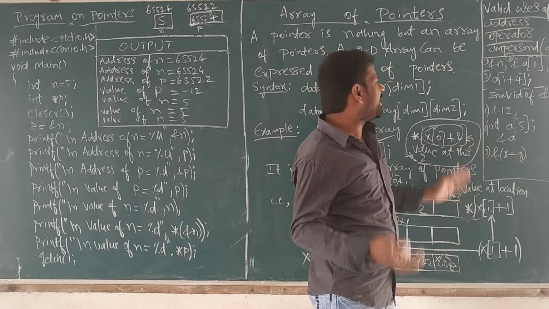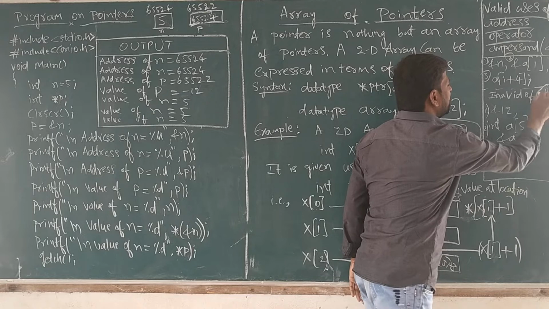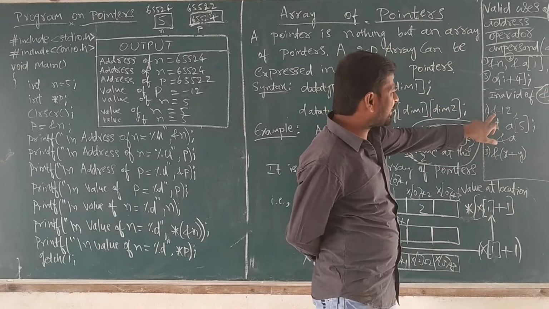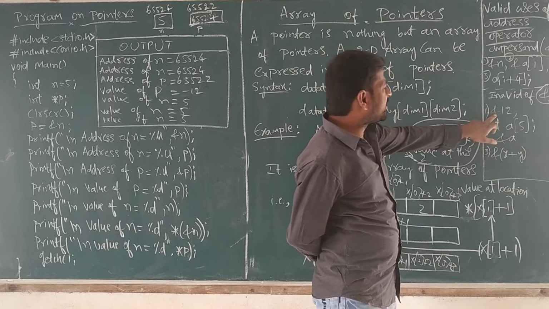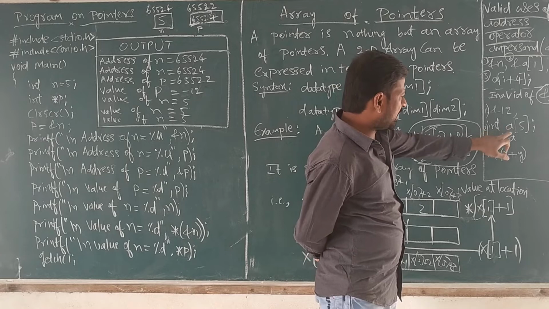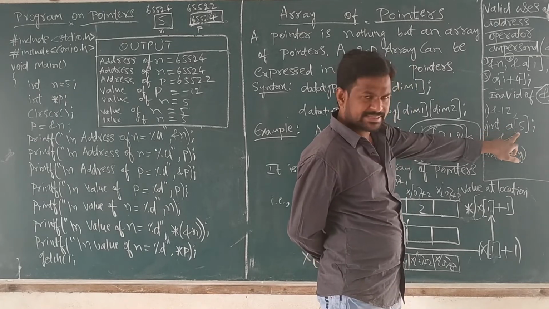There are some invalid uses of the address operator. What are the invalid expressions of the address operator? You cannot give the address operator in front of any constant value, and you cannot apply the address operator to an array which has been declared with its size.